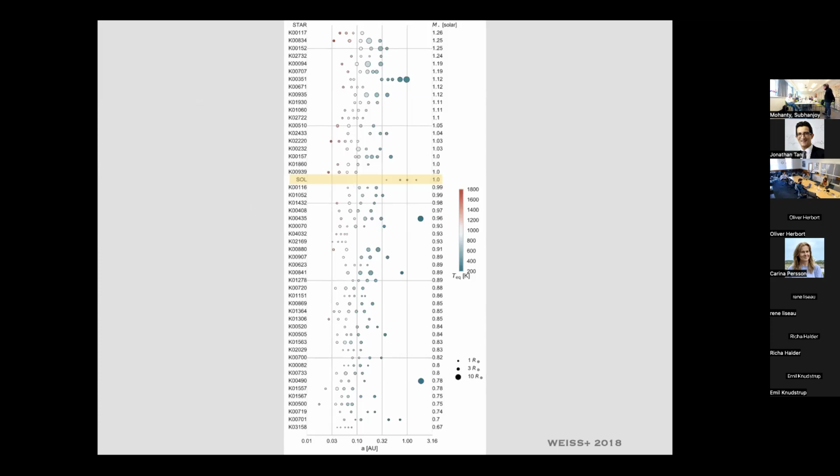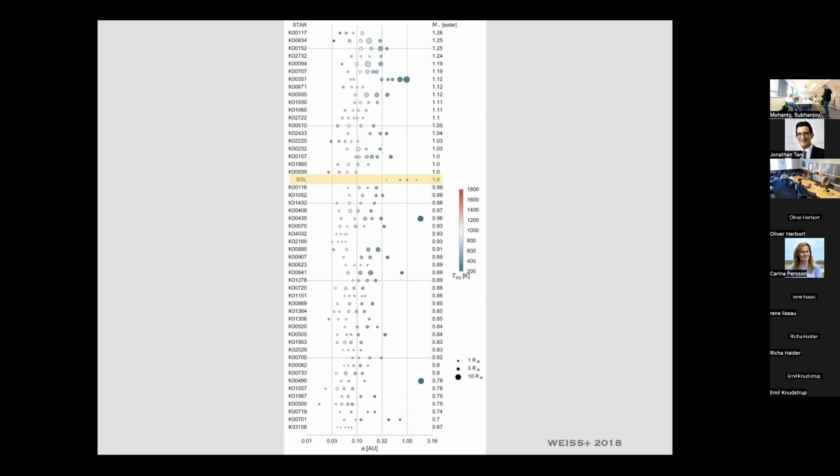And you can see that our own solar system looks very, very unlike the other ones, right? So it's got these small planets out beyond around 0.4 AU, right? And these are all small planets here. All the other ones, as we have already seen, our solar system does not have these super Earths and sub-Neptunes, and so that is obvious in this diagram.